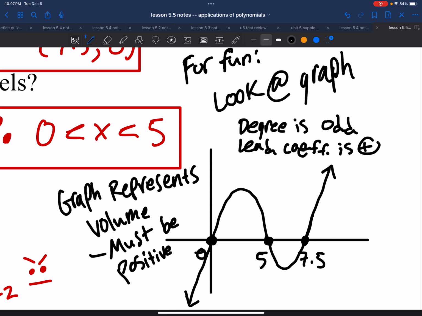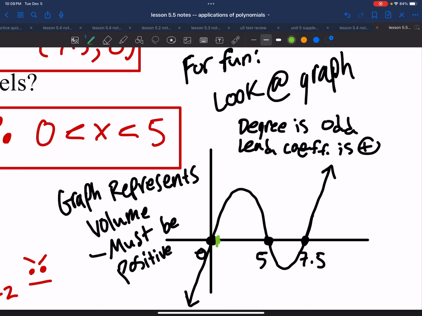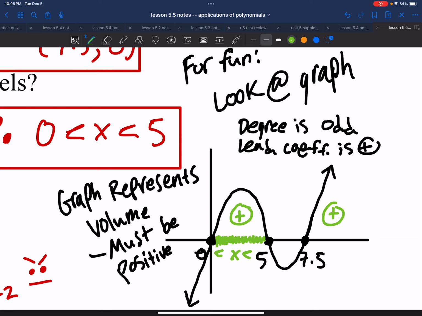And the only region where it's positive, do I have a light green like this? The only region where the graph is positive is in between 0 and 5, right? X is greater than 0, less than that. This is where it's positive. Now, granted, it is positive over here as well.